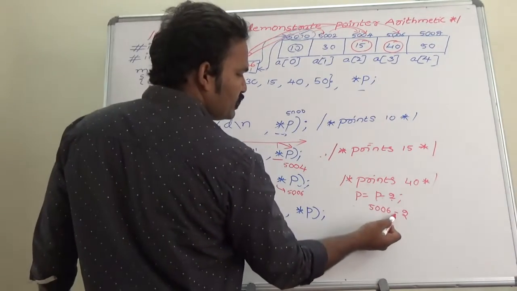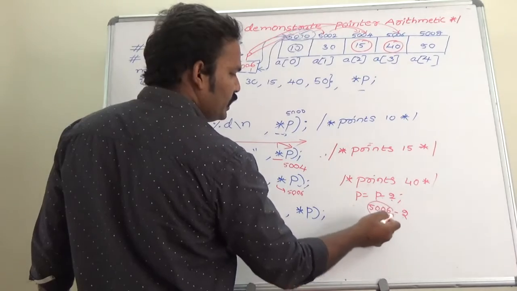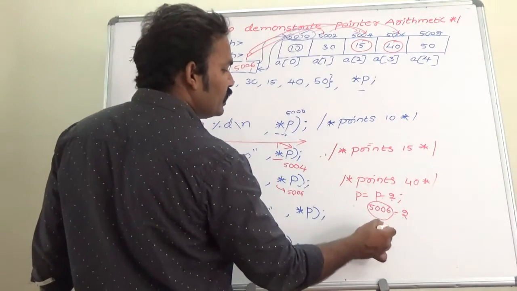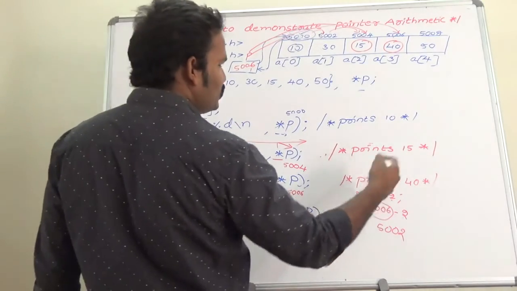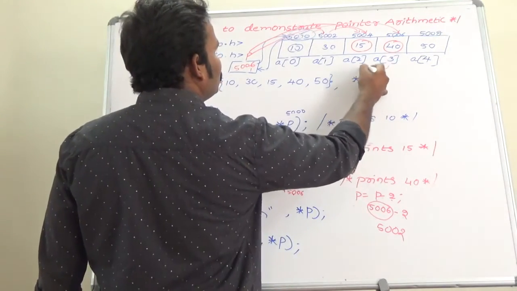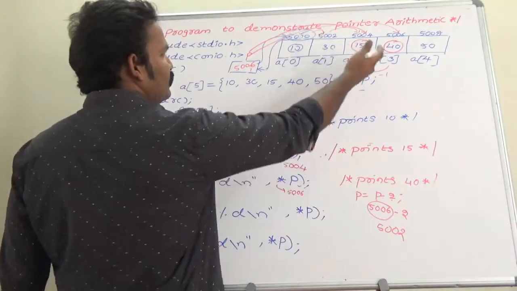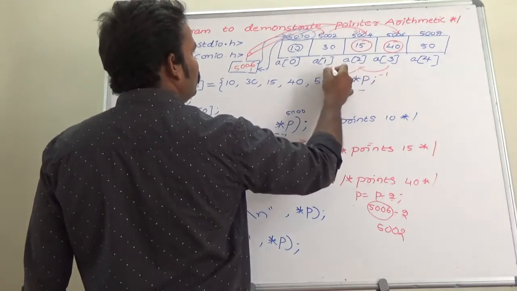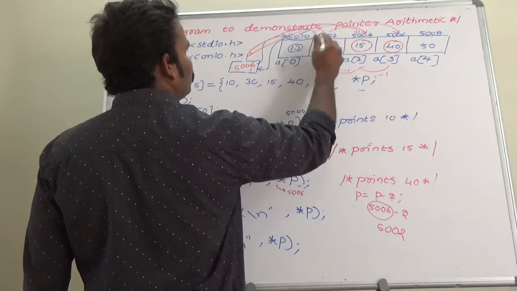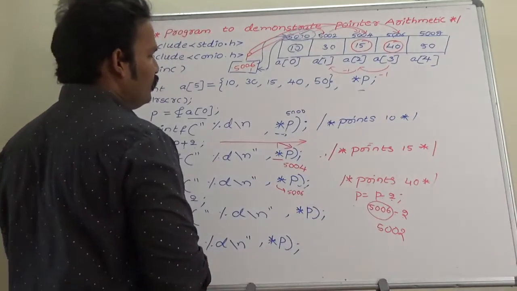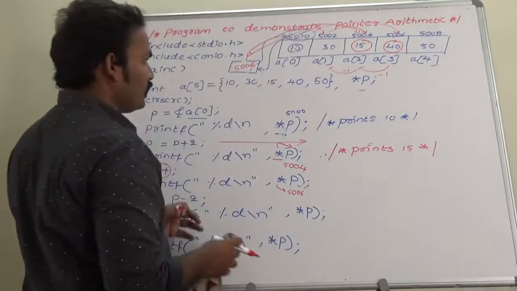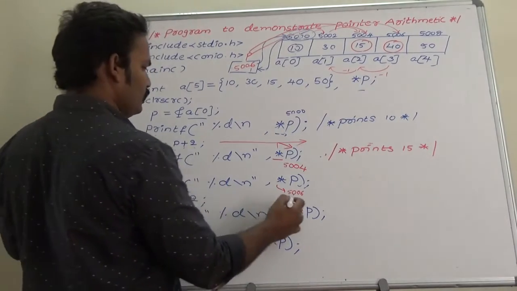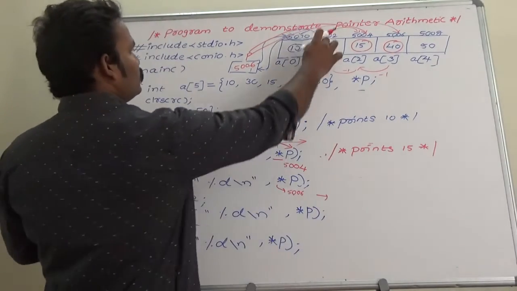By applying subtraction of 2 to the pointer variable p, the p value becomes 5002. So minus 2 means 5006 minus 1, before address 5004, next 5004 minus 1, 5002. Two steps back. So here p value becomes what? 5002.